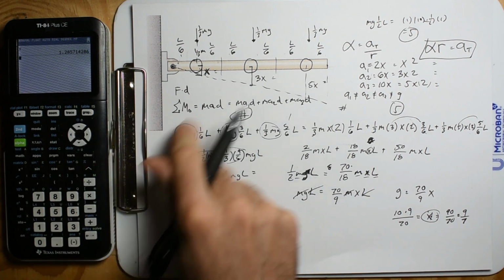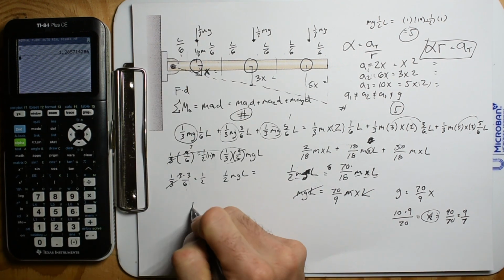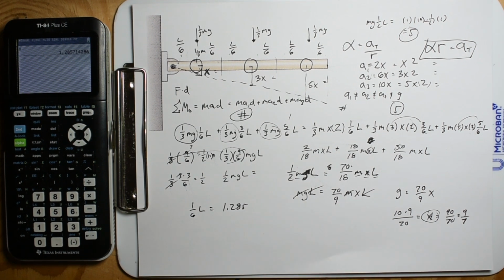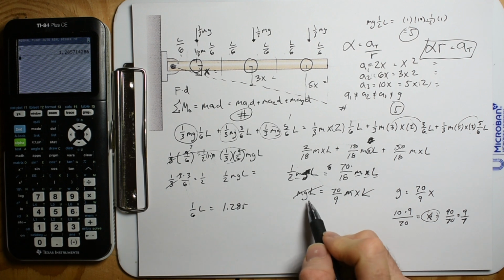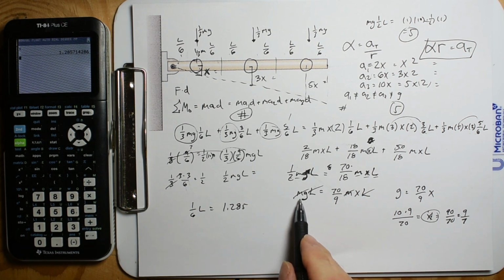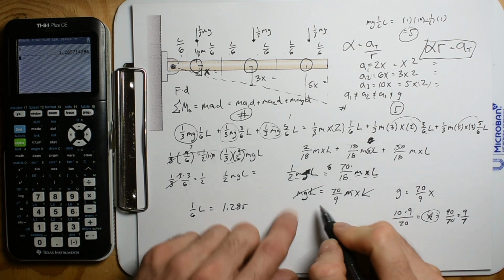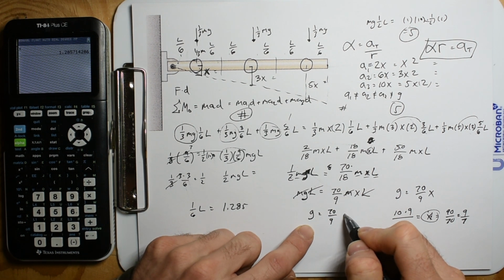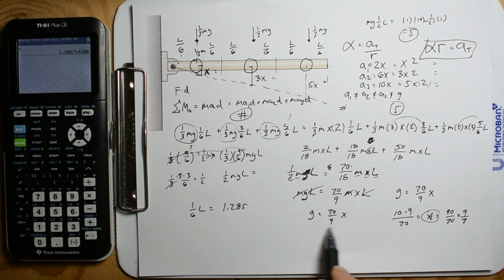So our acceleration right at this point at 1/6 L is 1.285. Oh, and I dropped the gravity term here. So gravity is equal to 70/9. Oh no, we incorporated the gravity term in.